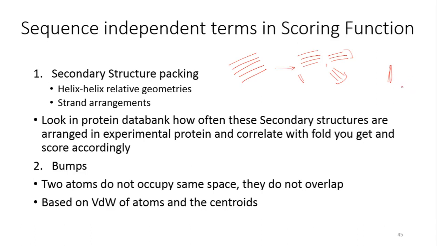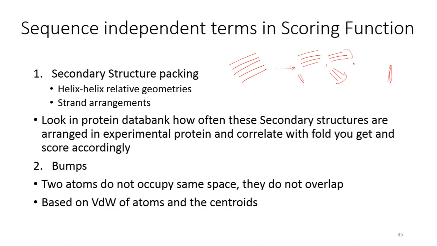Well, now, if there are helices in your configuration, then check in PDB as to how they cross. That is, we are supposed to consider helix relative geometries. It is known that there are certain patterns of helix orientation that are more preferred over others.